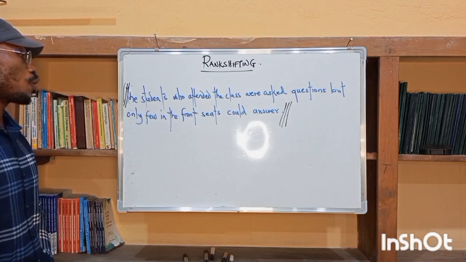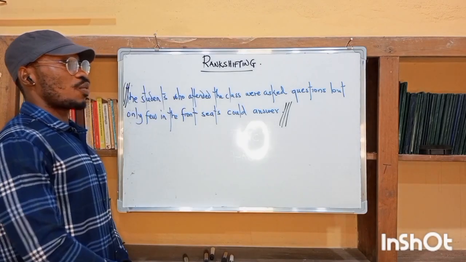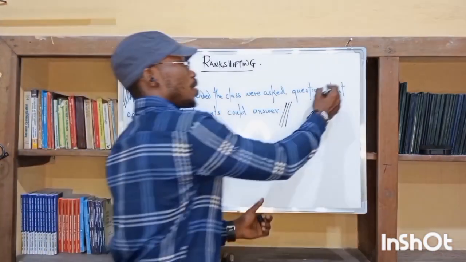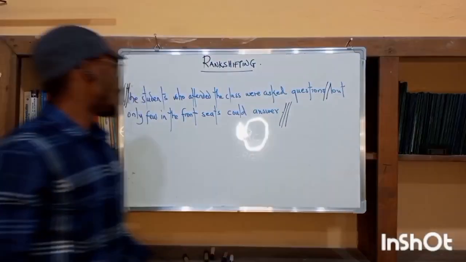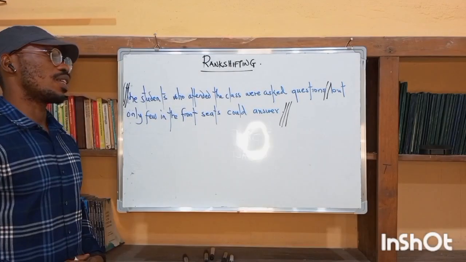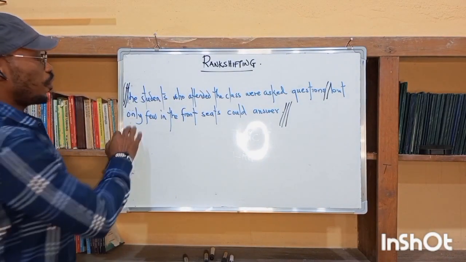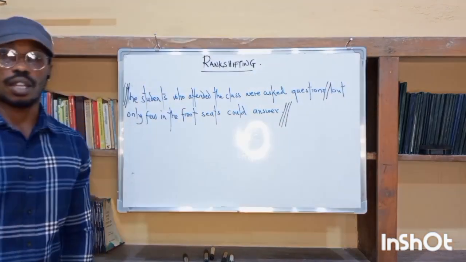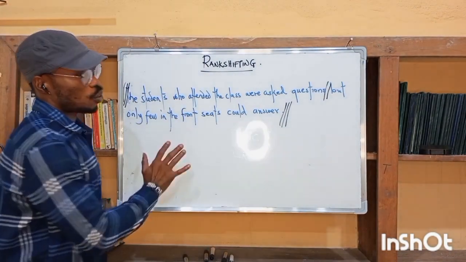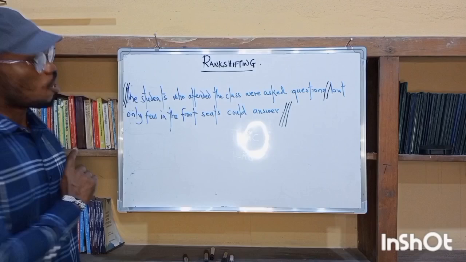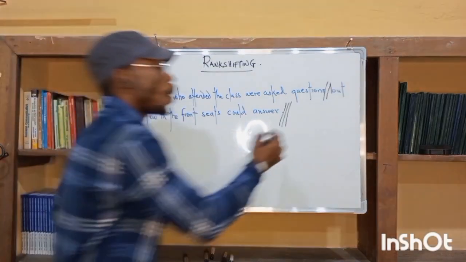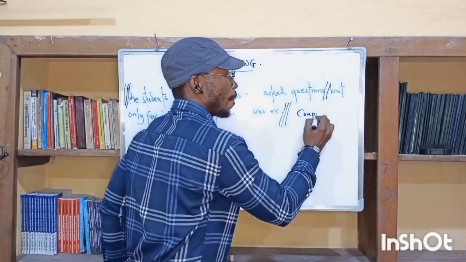We have the first clause, the students who attended the class were asked questions. First clause, marker for clause. But only a few in the front seats could answer. Only a few in the front seat could answer becomes our second clause. So this sentence is made up of two clauses, two independent clauses. So this kind of sentence is called a compound sentence.